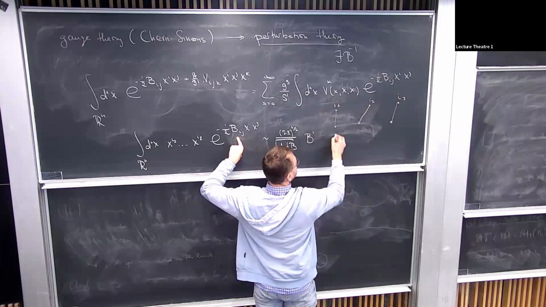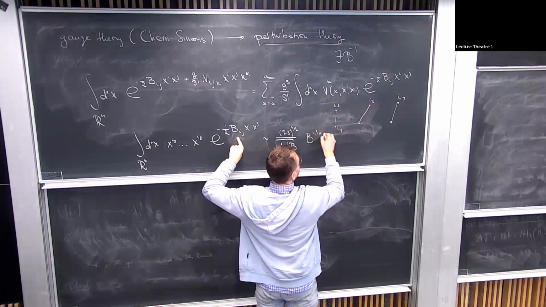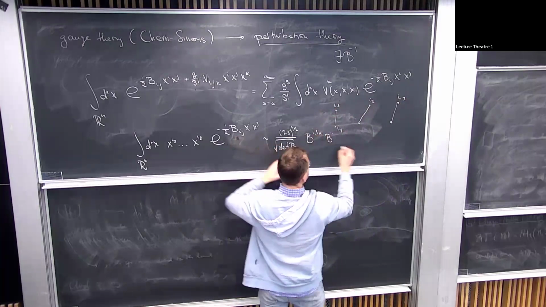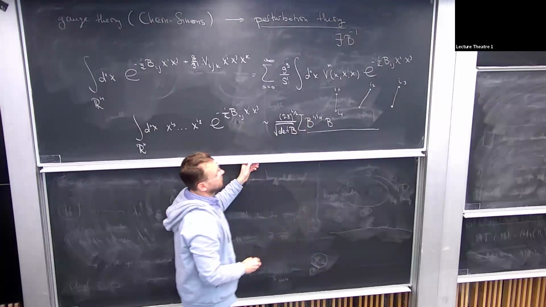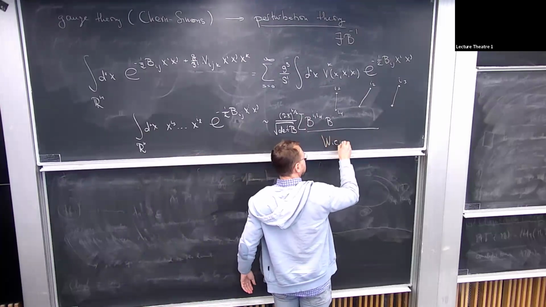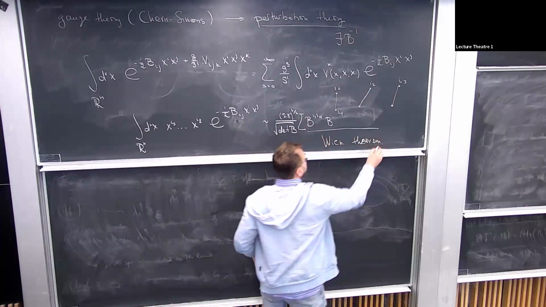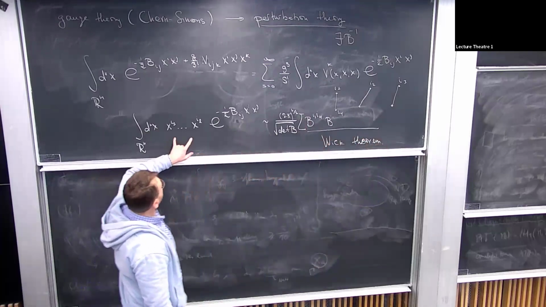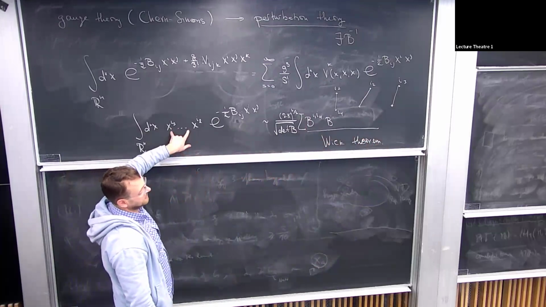So for example, if it's B inverse i1 i4, etc. Then you will basically have a picture of all these pairwise connections. So this goes under the name of Wick's theorem.